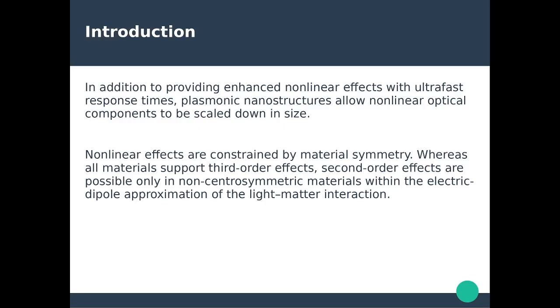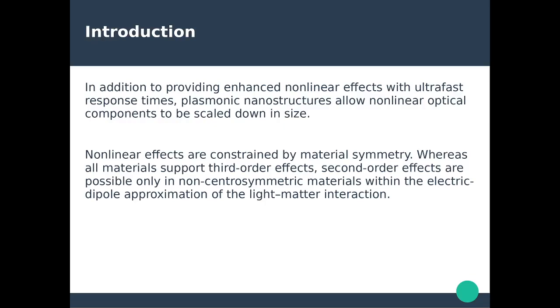Those nonlinear effects are really dependent on the material symmetry. When I talk about material symmetry, I'm really talking about the atomic crystallographic structure. So while most materials exhibit all third order effects, second order effects are only possible for non-centrosymmetric materials.